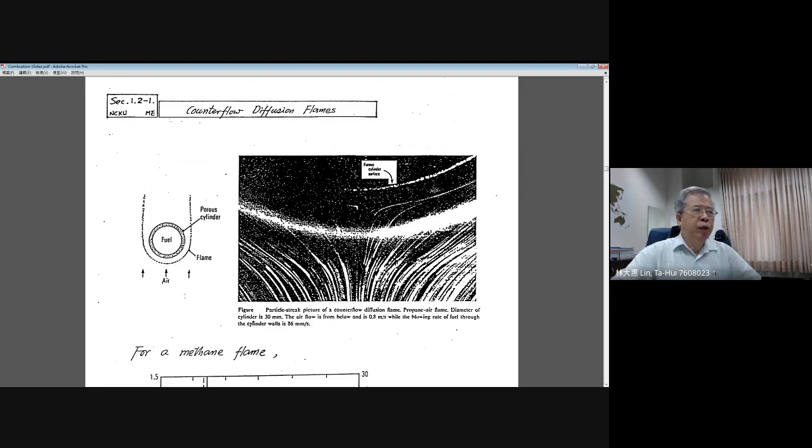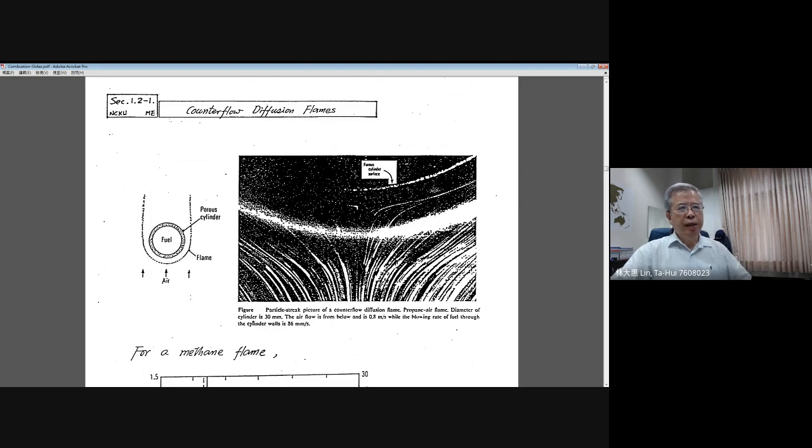And in this case, the fuel in the example is propane. The propane meets with the air coming from the lower flow.